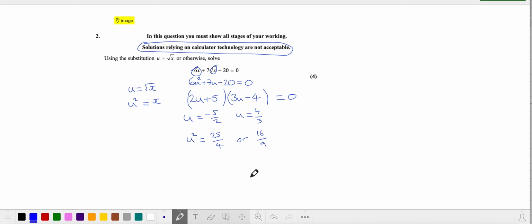Okay, but we've got a problem here because that implies there are two values of x. But have a look what happens if we go to the graphical calculator. There's no reason you couldn't use your graphical calculator and see what this function should look like, because that's not relying on calculator technology. You've done the working here. You're just using that to inform your answer.